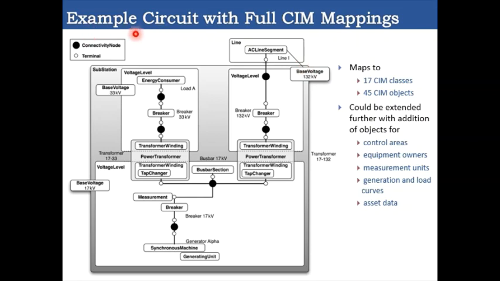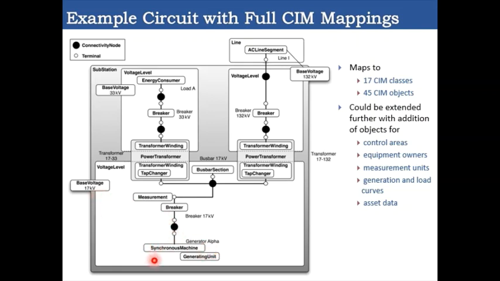Now let's see how we can arrange those classes to create the full CIM mapping. So first what you need is the voltage level, because this is the voltage level class which tells about a particular voltage level, and this voltage level will be associated with base voltage, which is the base voltage of this segment.